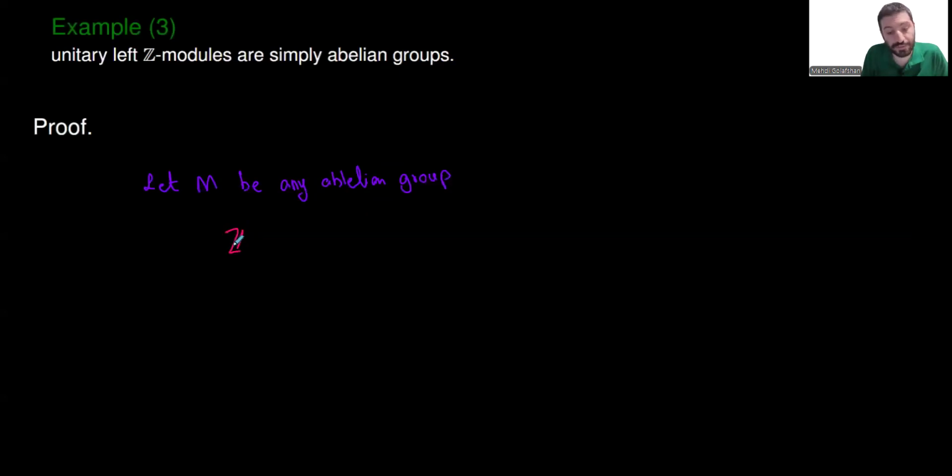It is the left Z-module, so it would be Z times M goes to M, where (n, x) goes to nx, for any n an integer. So if you take any n in Z and any x in M, this is going to nx.